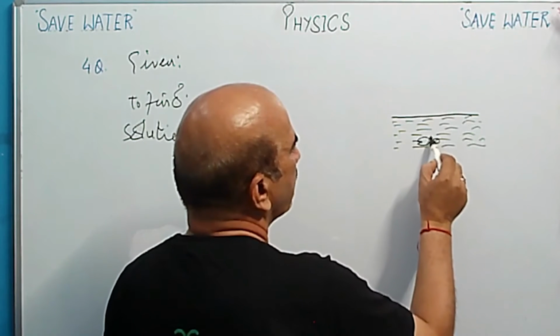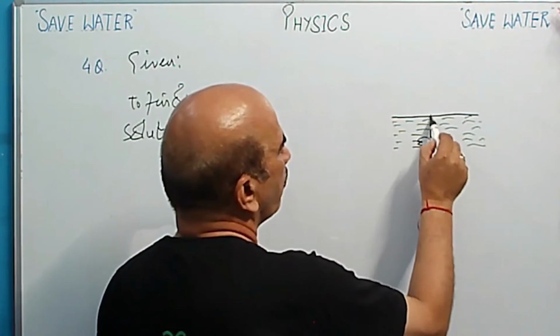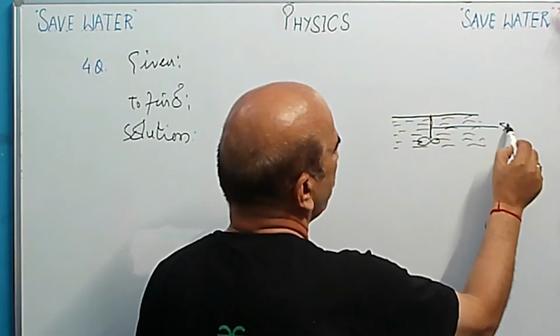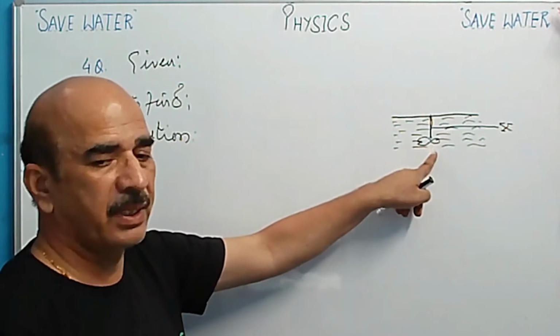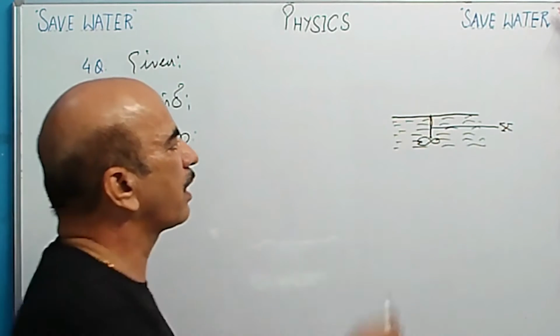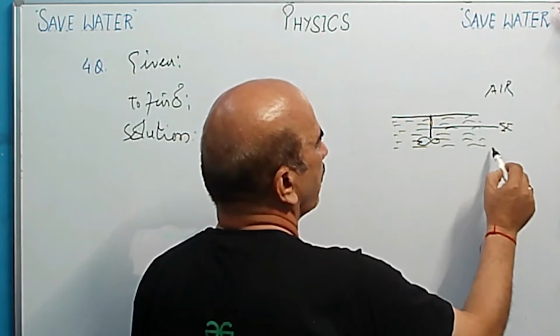At this position the fish is there, and the distance of the fish from the interface is x. So x is the distance, means depth. It is the depth of the fish from the interface of the two media. Here it is air, and this is water.